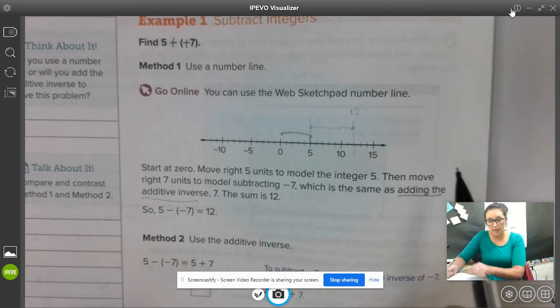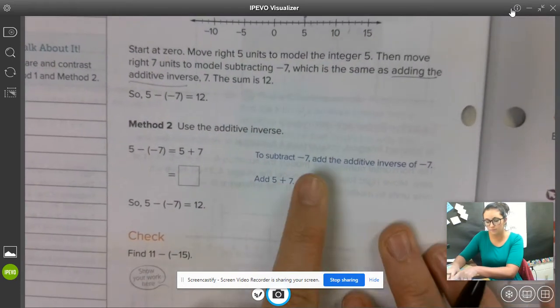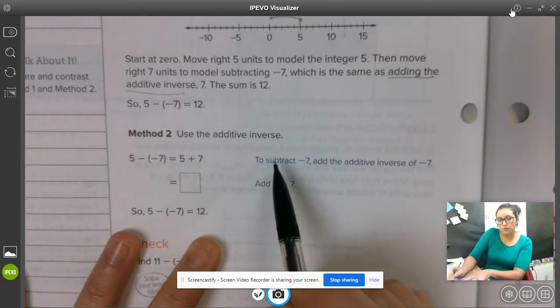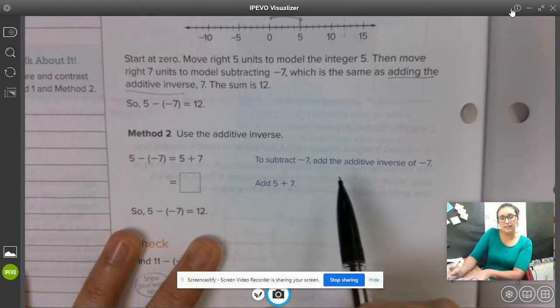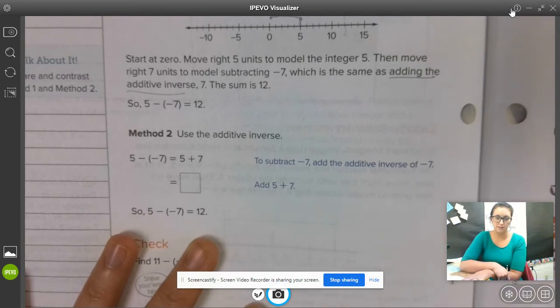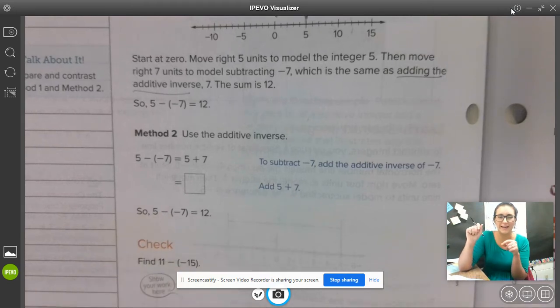And again, this is on the number line, and I already went over what it says here. To subtract -7 is the same thing as adding the inverse of -7. So minus a negative is the same thing as adding a positive. If I just blew your mind, it's okay.